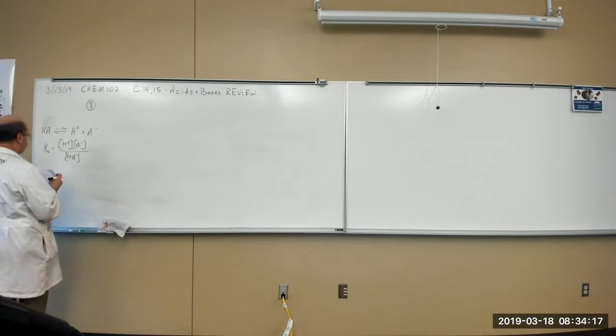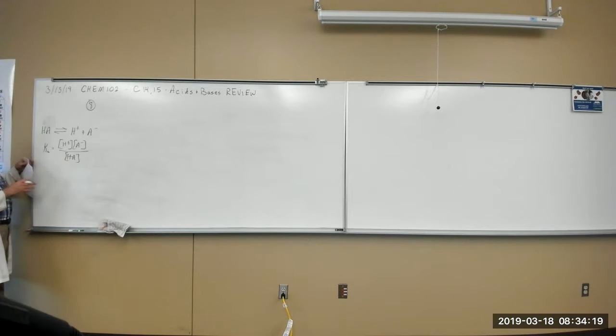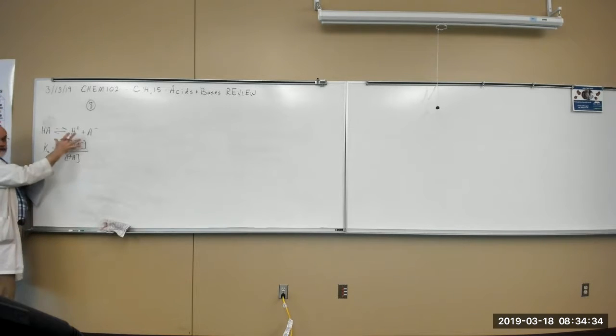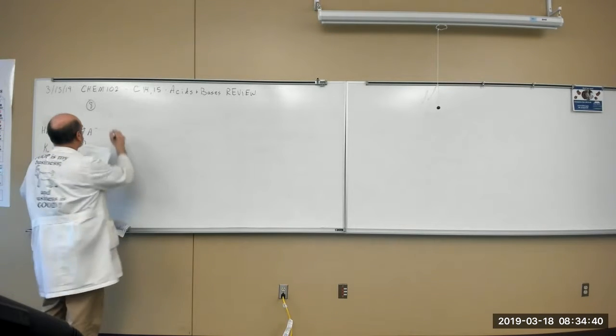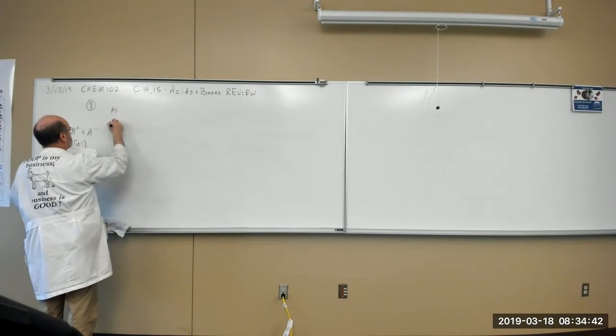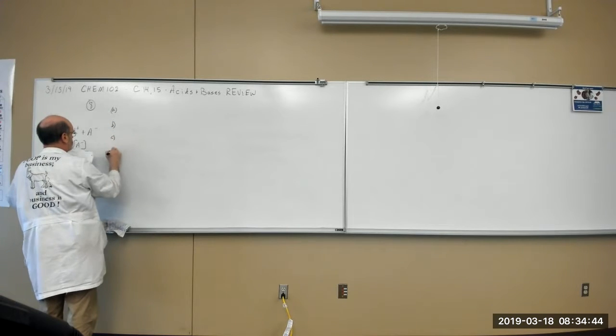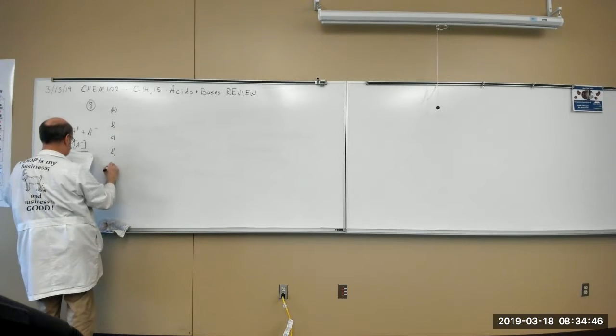So that means that to answer 8, the strongest acid is going to be the one with the largest Ka because it produces a larger numerator, right? Which would be E.